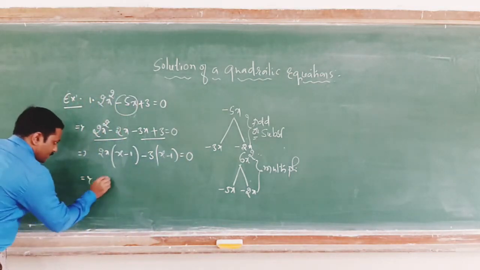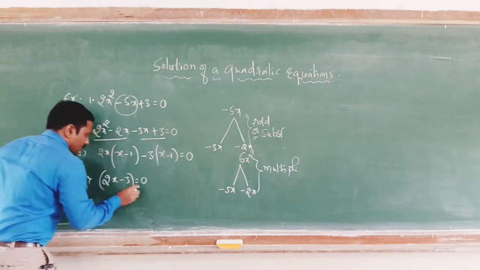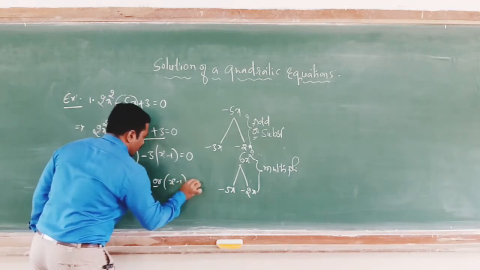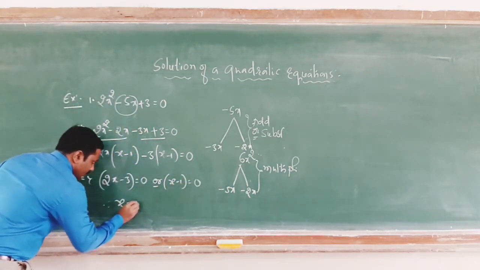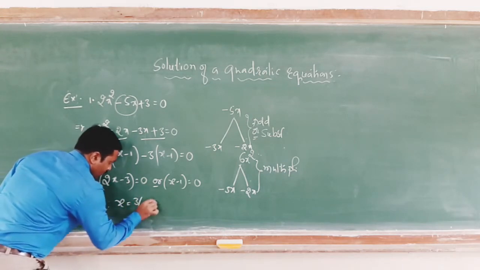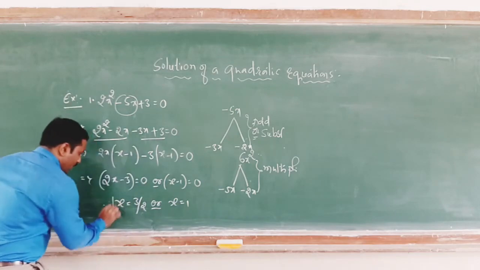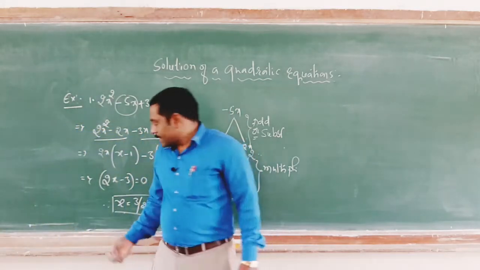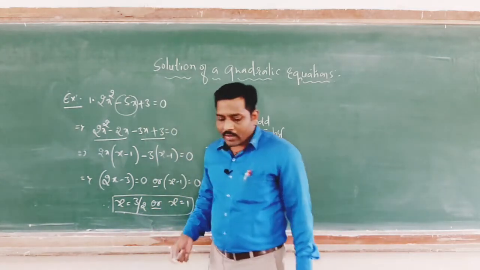Then it implies 2x minus 3 is equal to 0 or x minus 1 is equal to 0. Therefore x is equal to 3 by 2 or x is equal to 1.